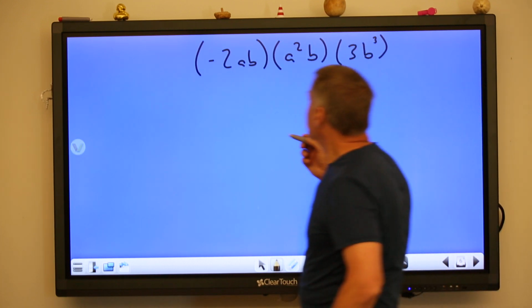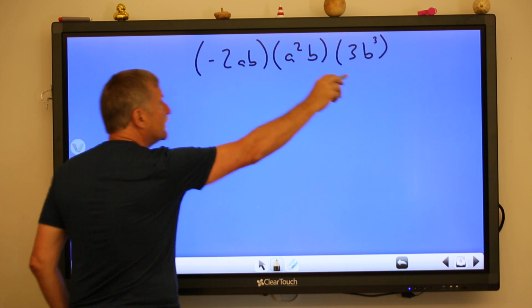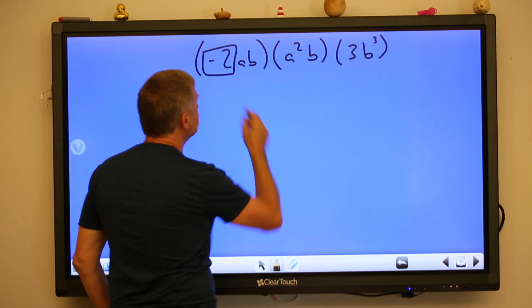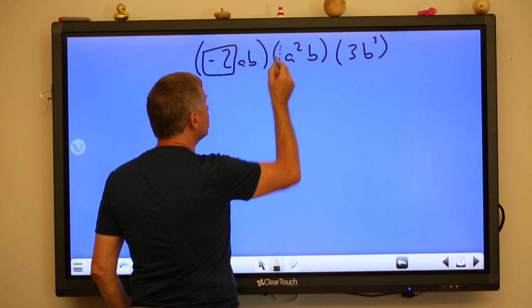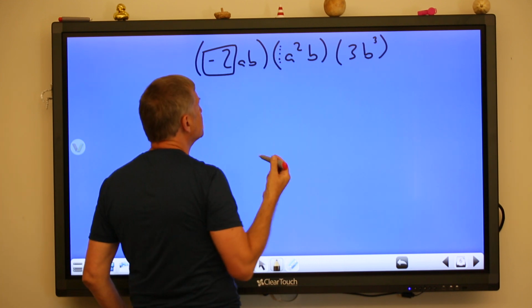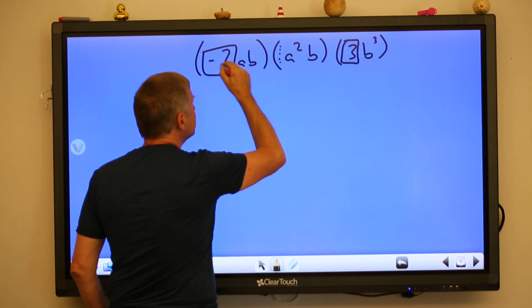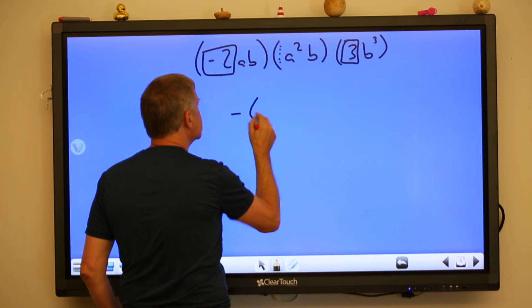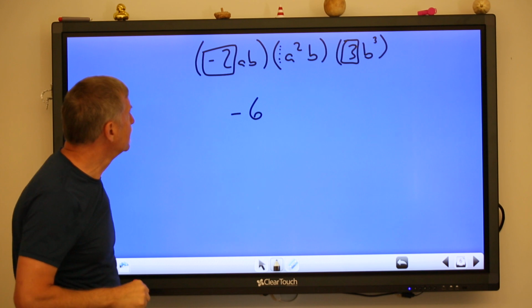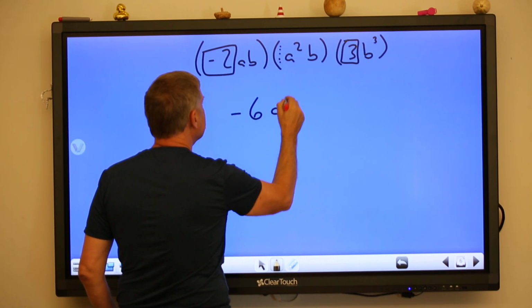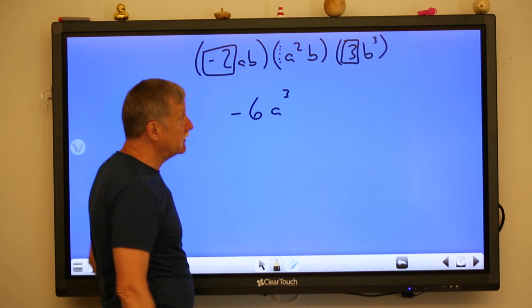All right? So here I can say this is one long multiplication problem. So I look at the numbers. I got a -2. This is a 1, even though we don't write it there, so we don't need to show that, but there's a 1 there. And then this is a 3, so I got -2 times 3 is -6, and that takes care of the numbers. As far as the a's go, I've got 1 and 2 more. That's a to the 3rd power.